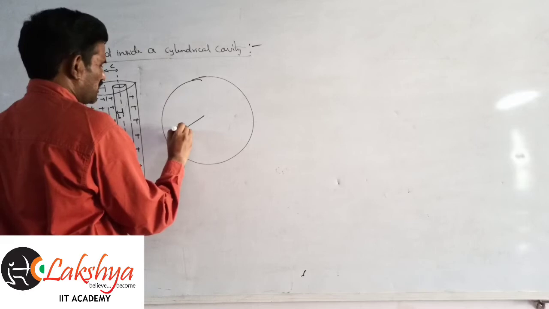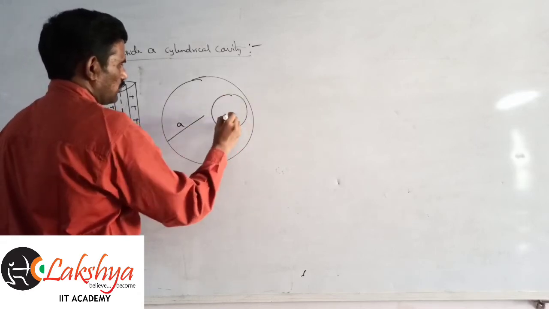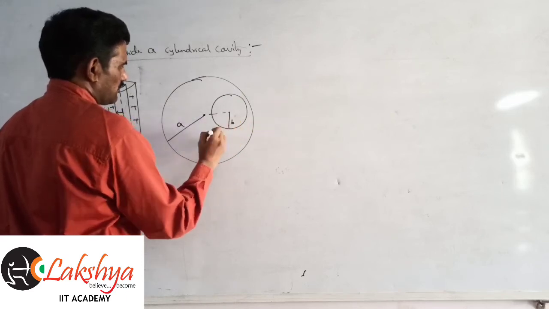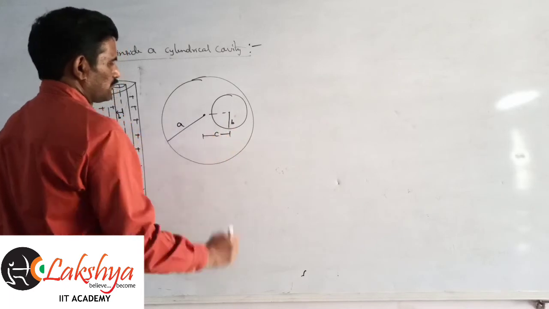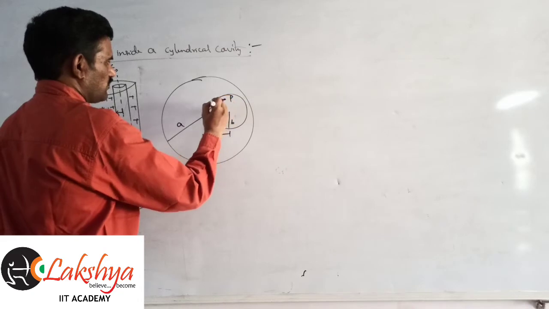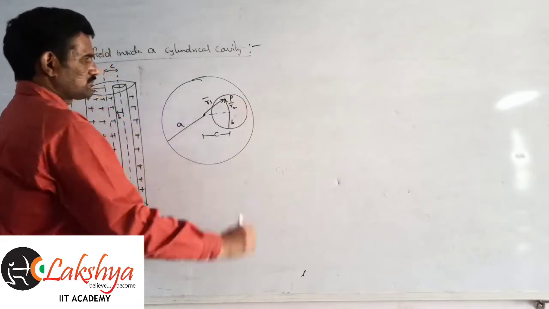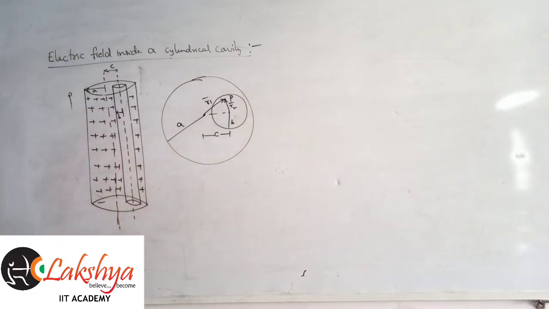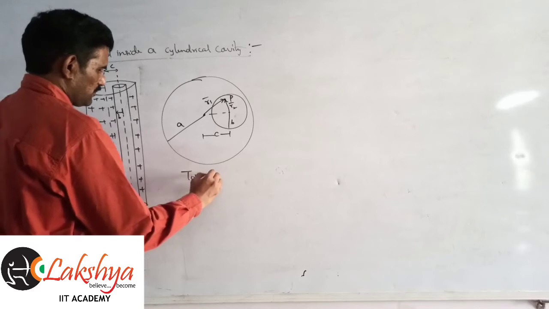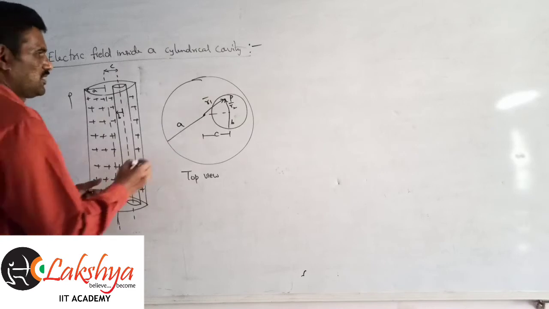So this is A, this is B, and this is C. Again we take some point P here, at a distance R1 from this and R2 from this. This is the top view of the cylinder, and it has the same volume charge density.